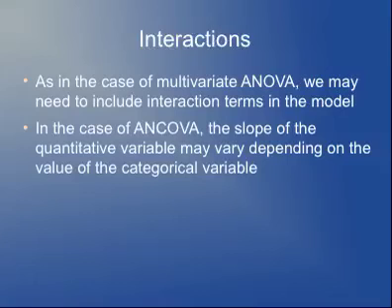In other words, the increase in tooth growth for a corresponding increase in the dose of vitamin C is the same regardless of how the vitamin C is delivered. The only difference is that your growth will be about 3.7 units higher if you're in the orange juice group than if you're in the ascorbic acid group.